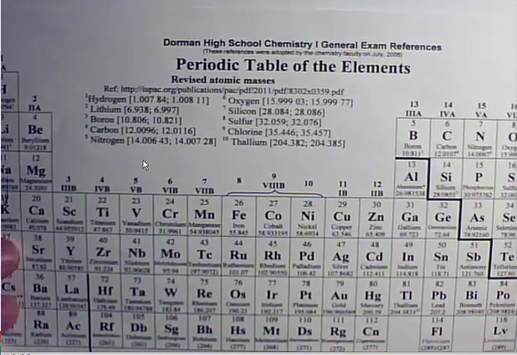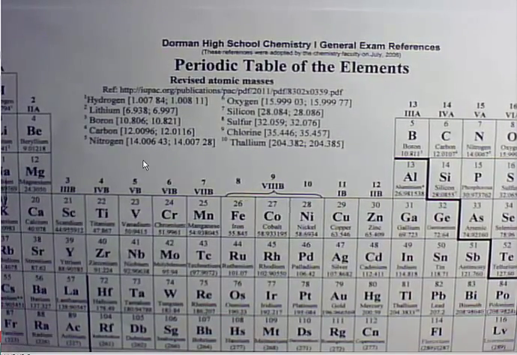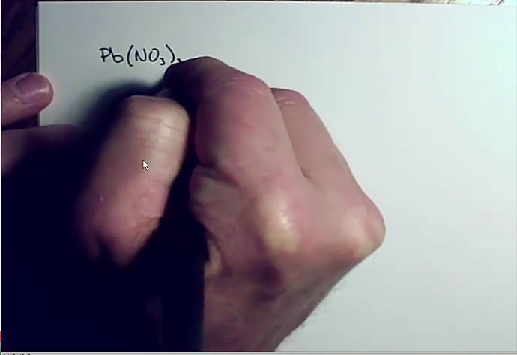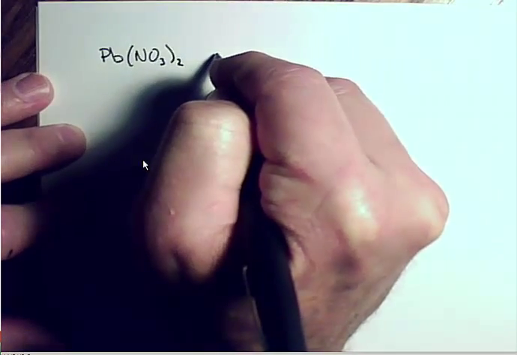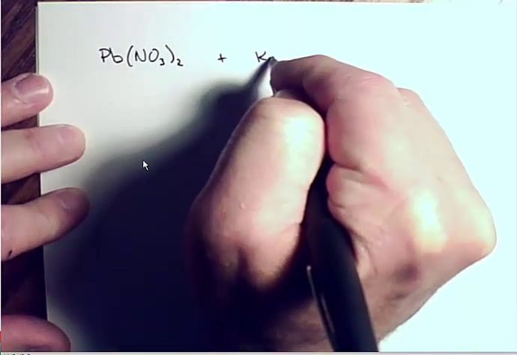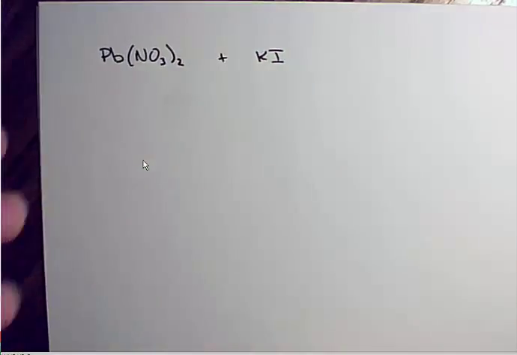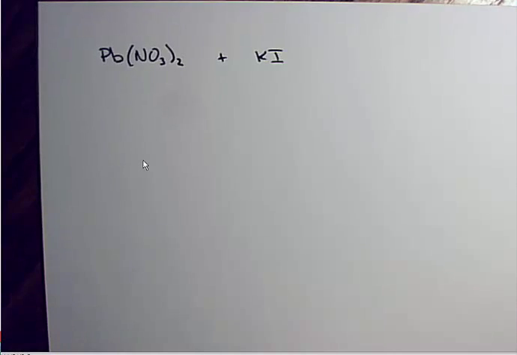And in the lab that we did, we reacted lead nitrate with potassium iodide. And I'm purposefully leaving off the physical states and the balance of the equation. I'm just writing down the formulas for now, because it's all we need for the homework.